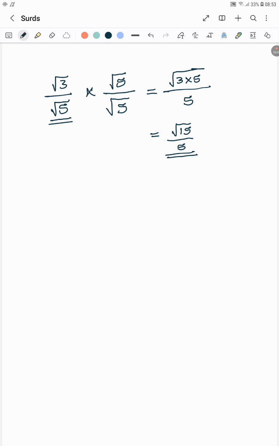We look at another question. Let's say we have 2 root 2 over root 8, and you're asked to rationalize it. You're going to multiply both the numerator and denominator by root 8.